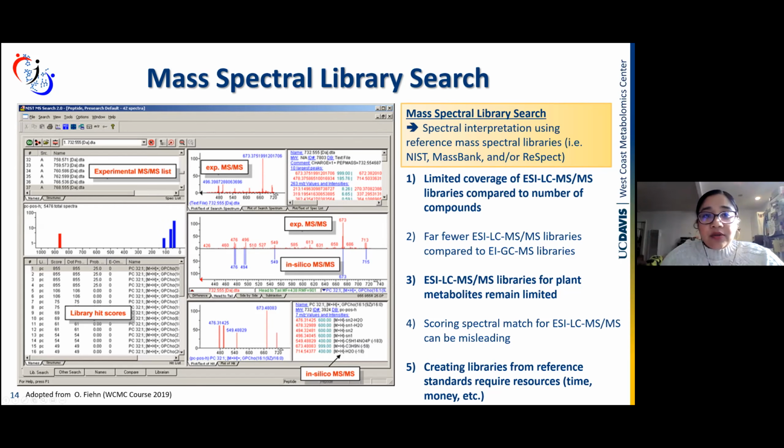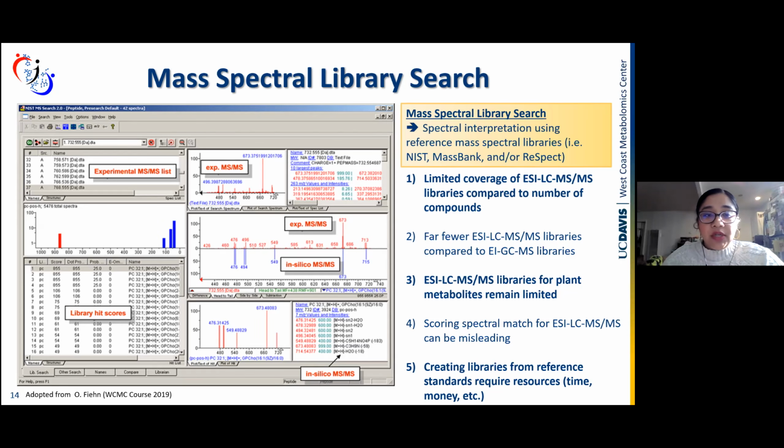So with that, there are some pros and cons to everything that we are dealing with. In terms of mass spectral library searching, there are two categories and types of libraries that we are dealing with: those libraries that are for LC-MS-MS and those libraries that are for GC-MS. In terms of LC-MS-MS libraries, there's limited coverage in the libraries compared to the number of compounds.